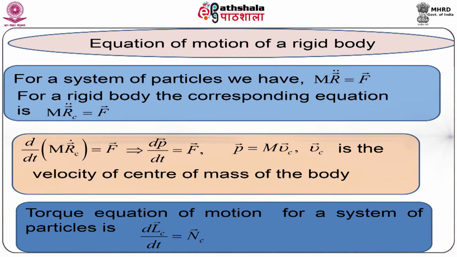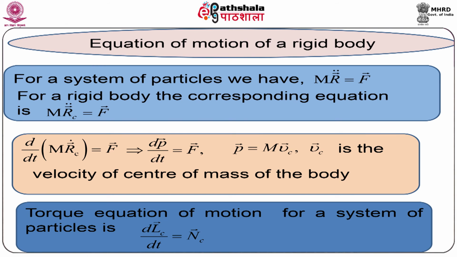The second order derivative can be written in terms of first order derivative as d dt of capital M R C vector dot equal to capital F vector. This is mass into velocity, which gives the linear momentum.